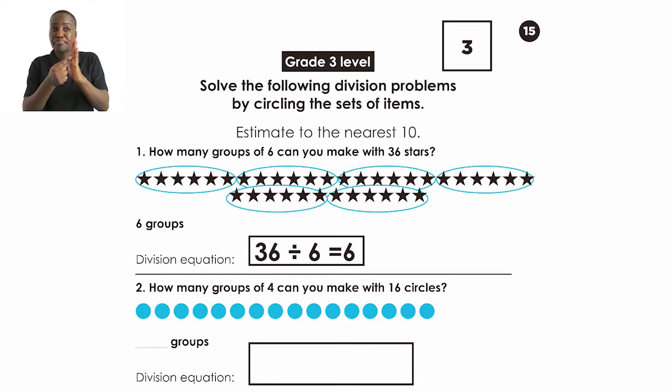And then after that, you must count your groups and put the answer where it says groups. Then you're going to make a division equation, starting with 16 divided by, and then you continue. The rest of these you can do by yourselves.